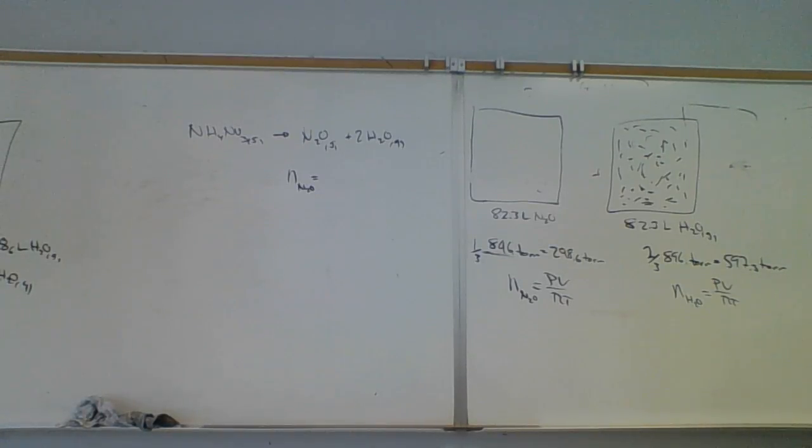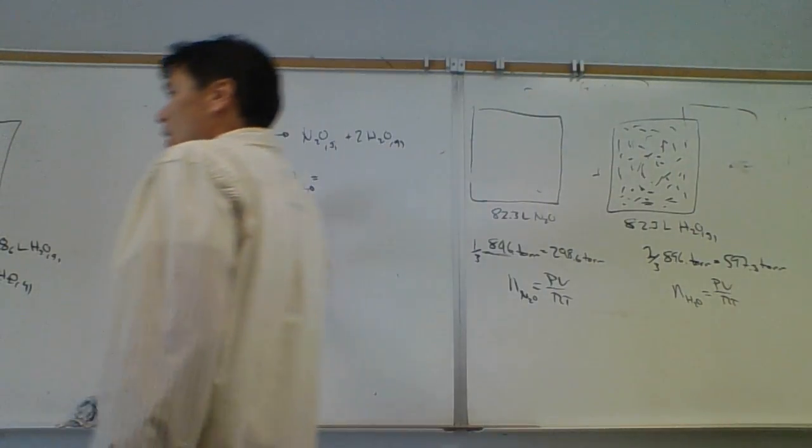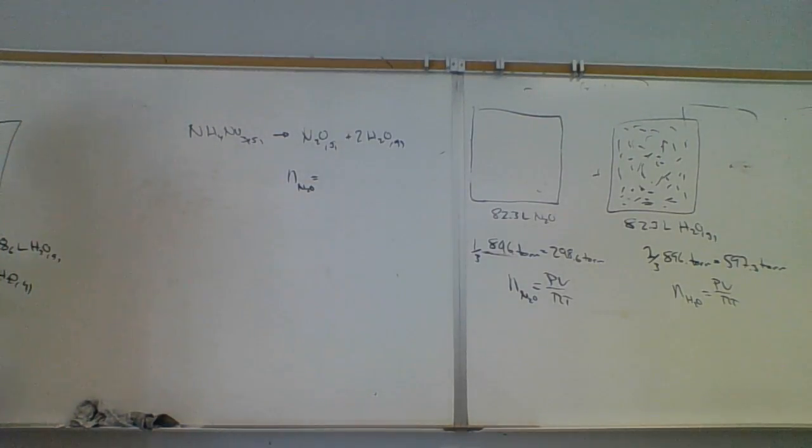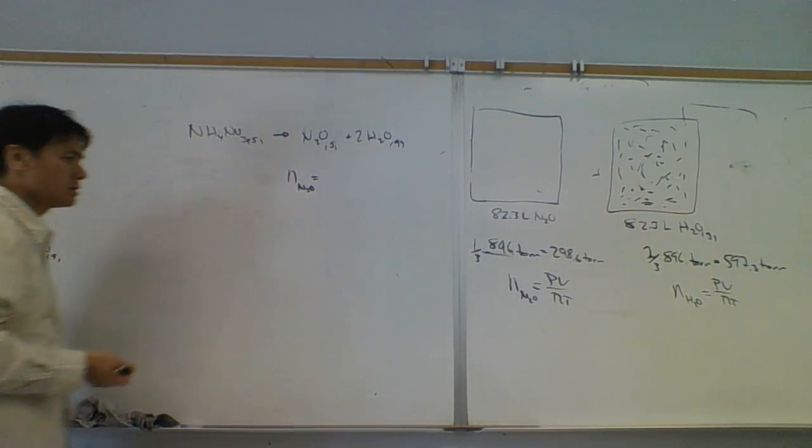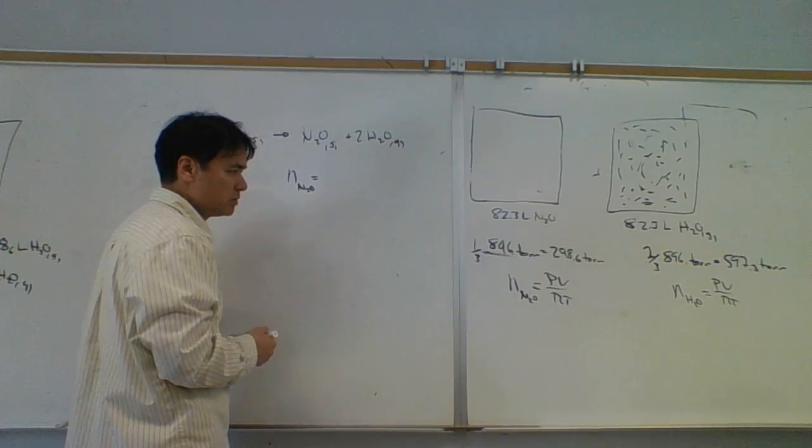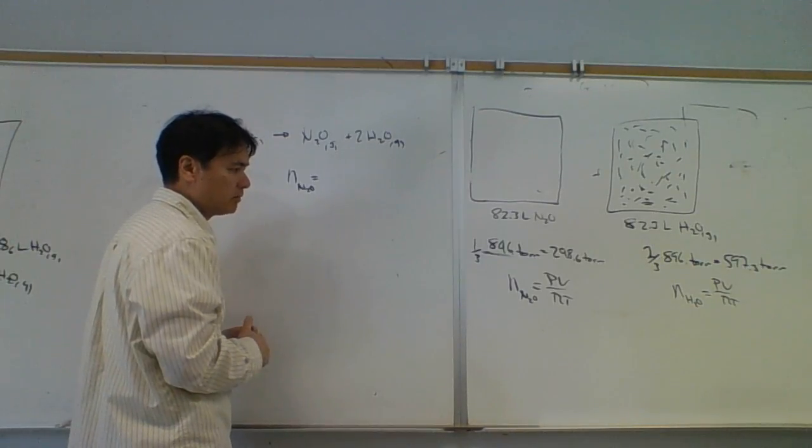If we visualize this as an Avogadro's, then out of 82.3 liters, 1/3 is nitrous oxide. And then we could use molar volume straight. But since we're using Dalton's, we have to use the ideal gas law. Even if we did Avogadro's, we could still use the ideal gas law, but Avogadro's gives us the choice of using molar volume because molar volume is based on Avogadro's.